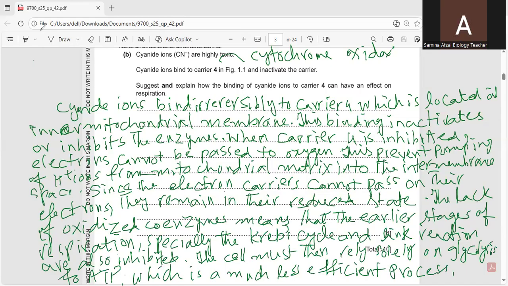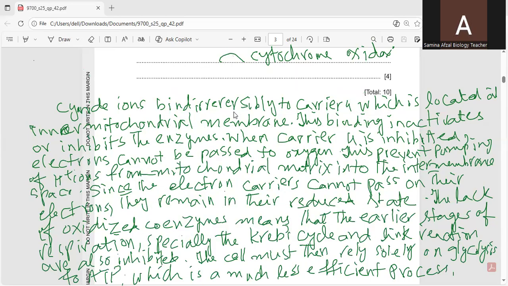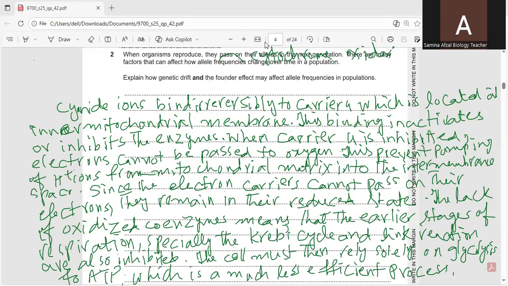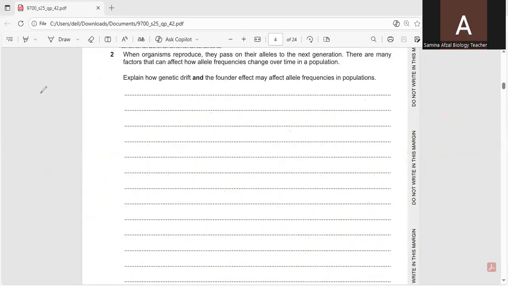So it was all about question number 1. Now moving towards question number 2, and question number 2 is: when organisms reproduce, they pass on their alleles to the next generation. There are many factors that can affect how allele frequencies change over time in a population.